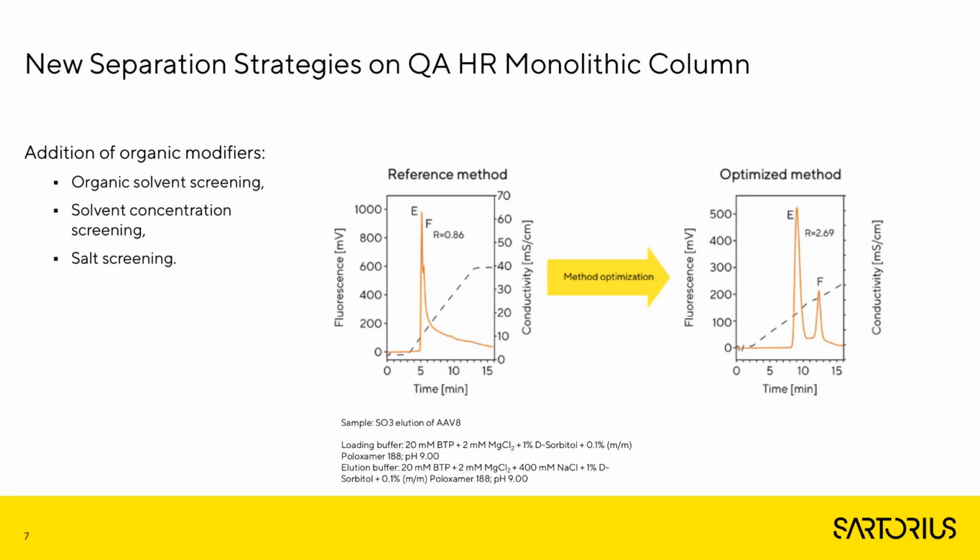However, when we applied organic solvent, different organic salt and magnesium ion, we obtained much better resolution, specifically between empty and full capsids. But not only that, in the next few slides I will show you that we started to see other AAV subpopulations and species.